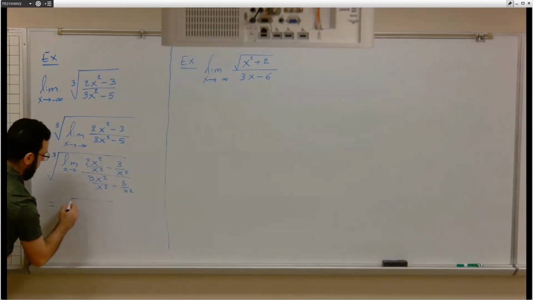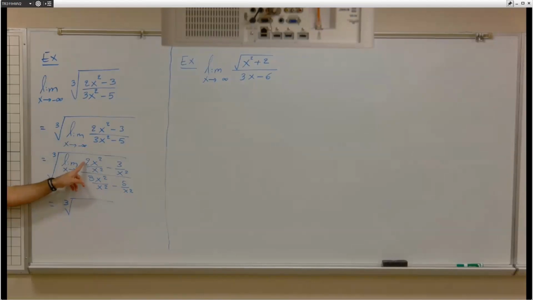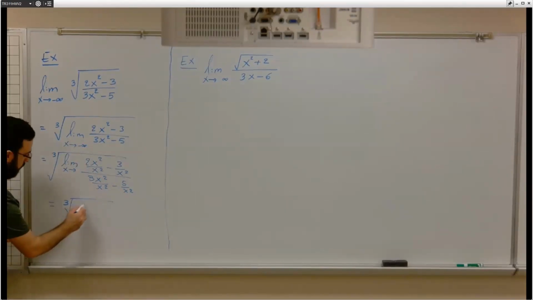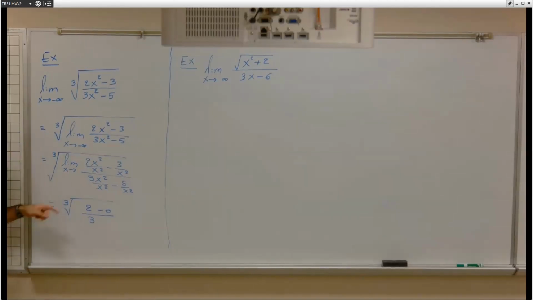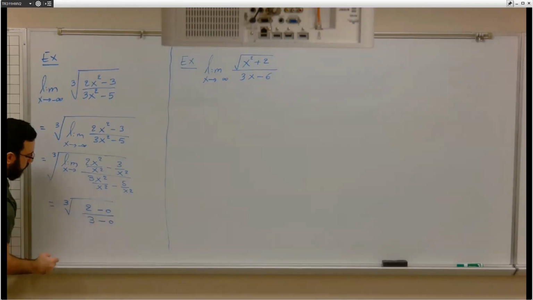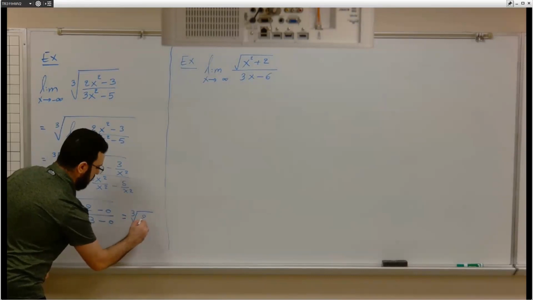Cancel these, the left is 2. The limit of 3 over x squared is 0, so minus 0. Cancel these, it's 3. The limit of a constant is the constant, minus the limit of 5 over x squared, which is 0. So the result is the cubic root of 2 over 3. Just keep it like this.